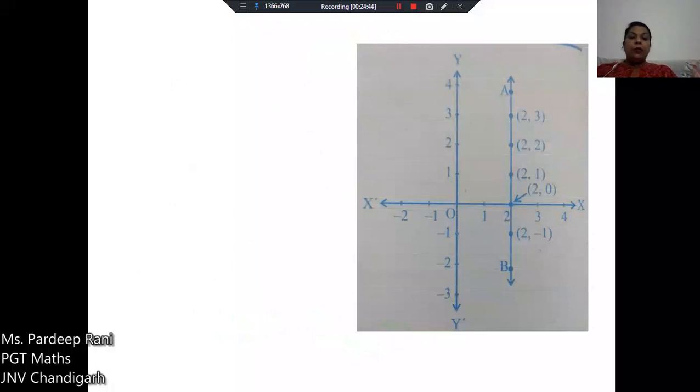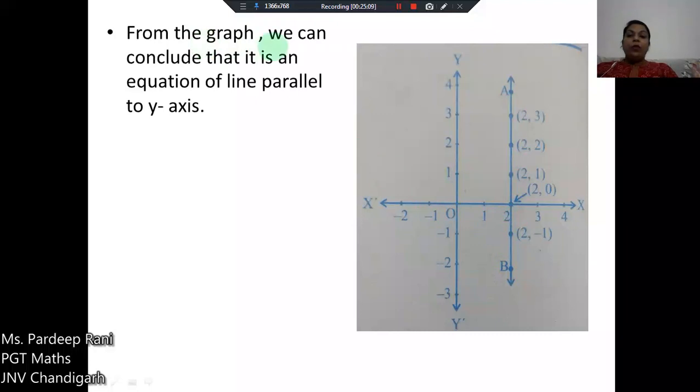So, as an equation in two variables, x minus 2 equal to 0 will be represented by the line AB in the graph. You can see in this figure, we are having so many points. Each point is having its x coordinate 2 and distinct values of y. So this is a line parallel to y-axis representing x is equal to 2. Dear students, from the graph we can conclude that it is an equation of a line parallel to y-axis.